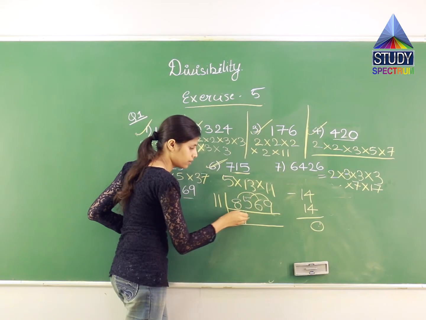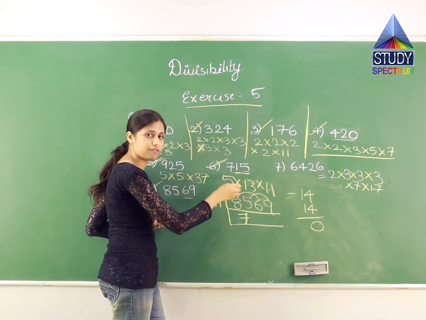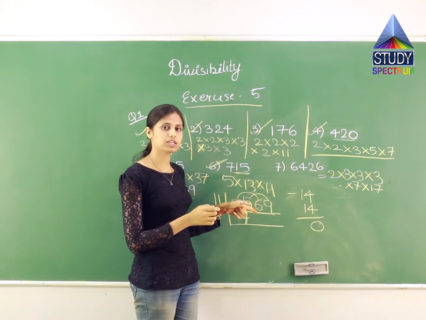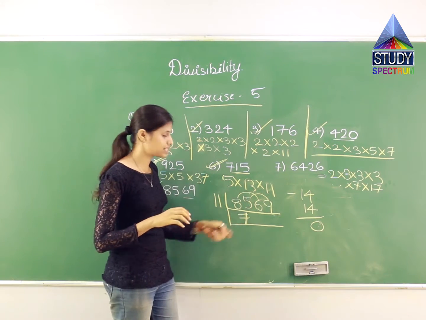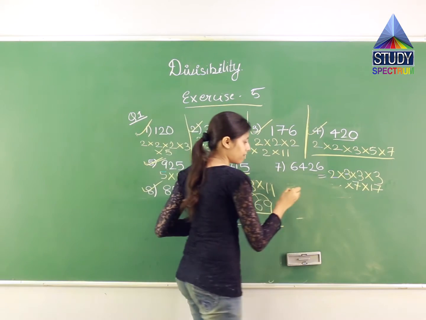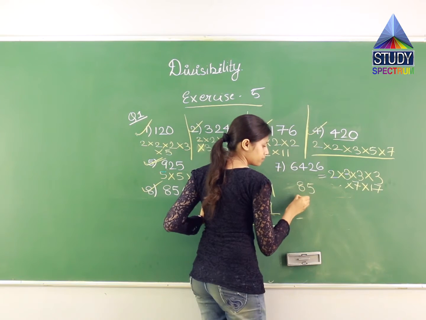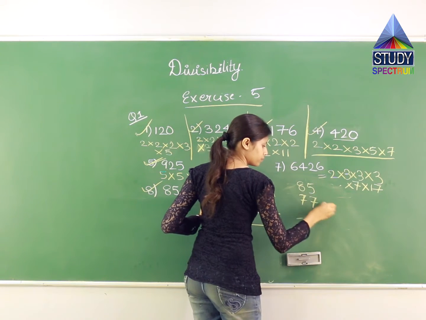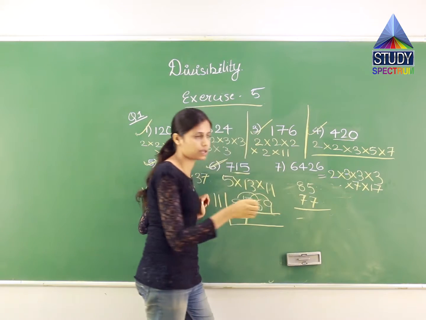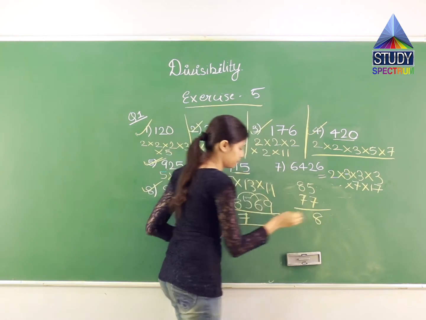7, right? Because if I take 8, it will be 88. So the smallest closest number to 85 is 7, which is 77. Let us subtract 77 from 85. That gives me 8.